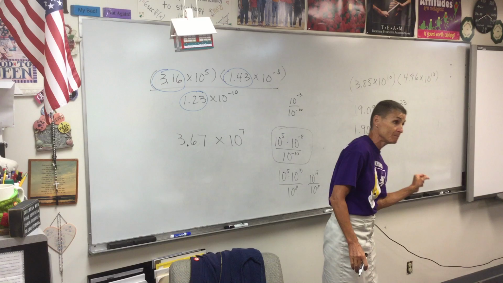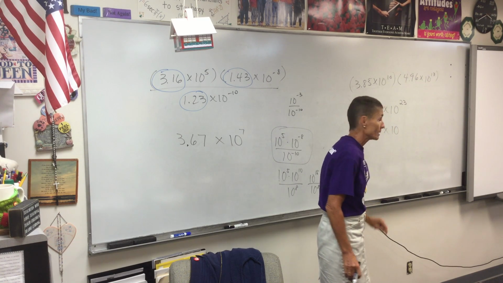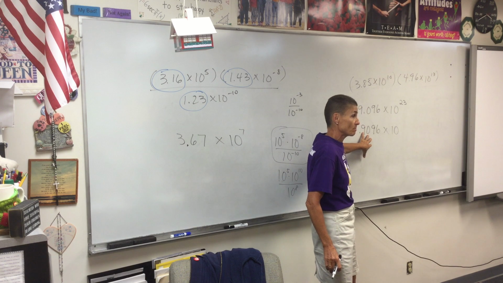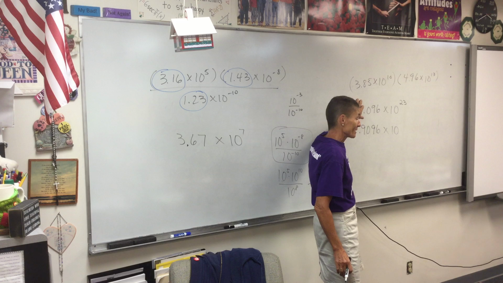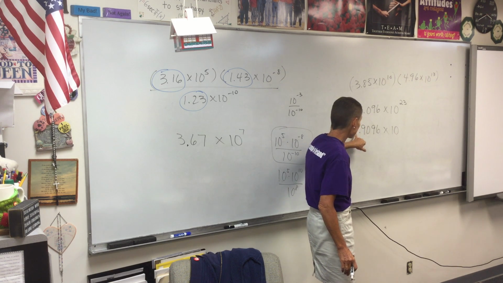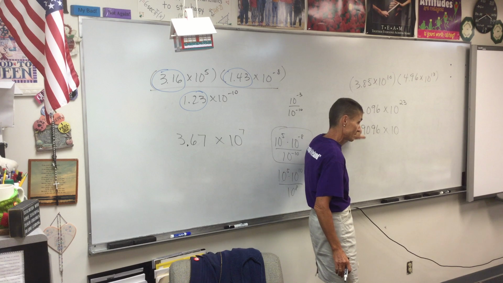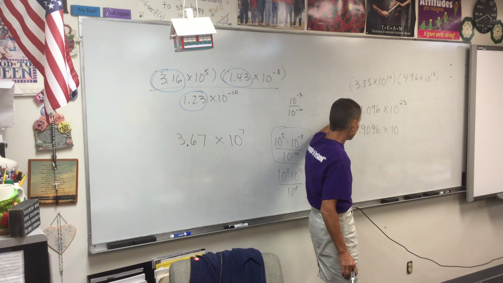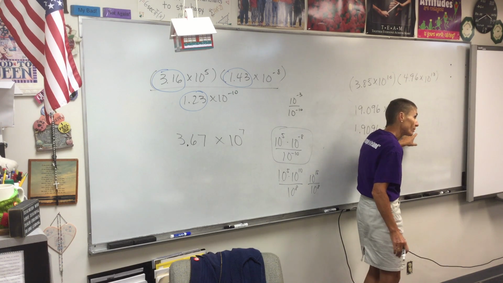So I want you to use your logic. Whatever this is supposed to be the same as this one. You made this smaller, right? You went from 19 down to 1.9. If you made this part of the number smaller, what do you have to do to this part?